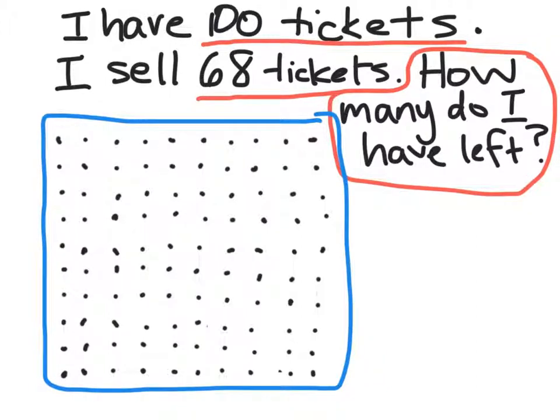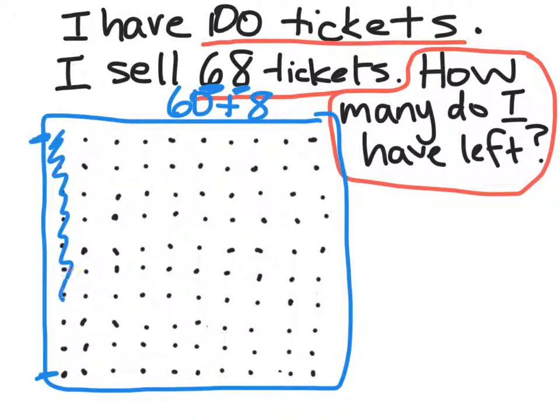So I know that one of my columns, going from top to bottom, is 10 dots. So if I want to get rid of 68 dots, I know that 68 is the same as 60 plus 8. So I'm going to start by crossing out 6 of my columns, or 60 dots altogether.